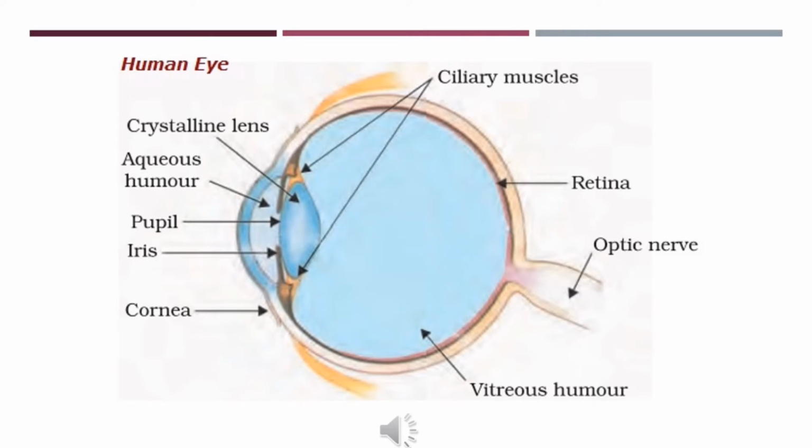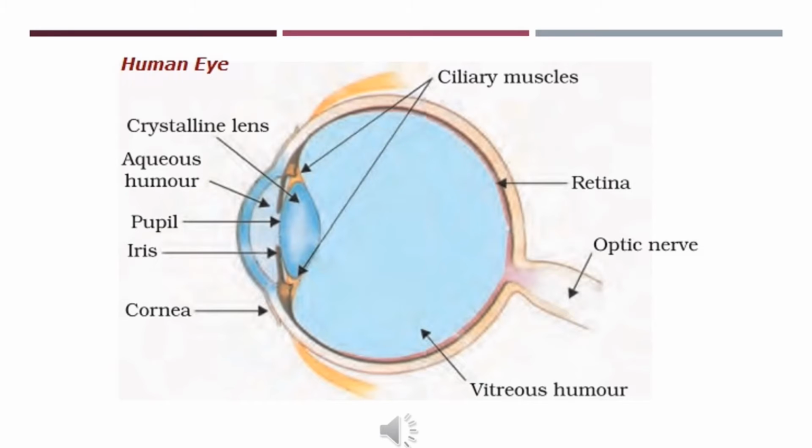The retina is a very delicate membrane that has a number of light sensitive cells in it, and these light sensitive cells get activated when illuminated with light, and generate electric signals. These signals travel to the brain via our optic nerves.